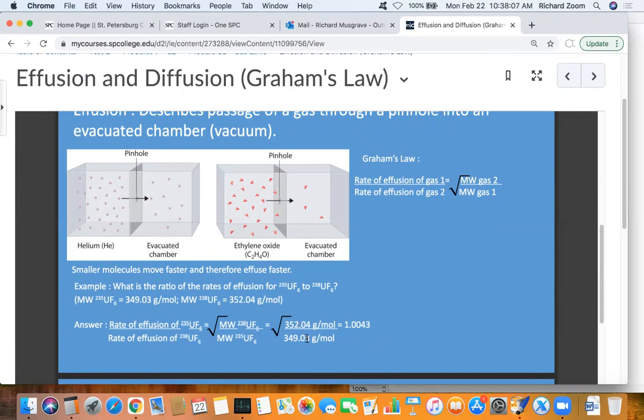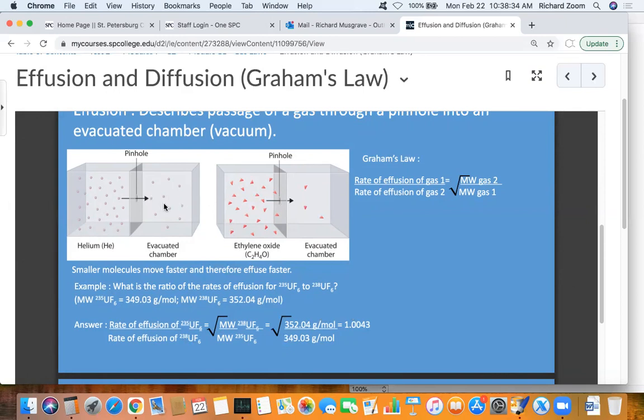So we can compare the molecular weights, and you can see that the 235 actually goes 1.0043 ratio faster than the uranium-238 compound. So this can be used to separate these two compounds by using this method of effusion.